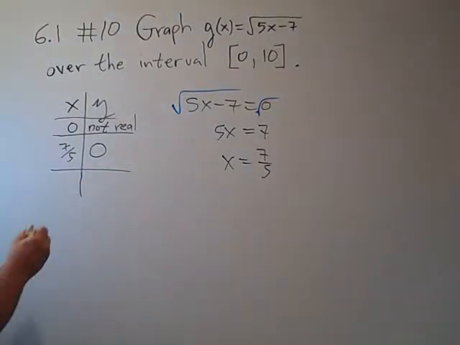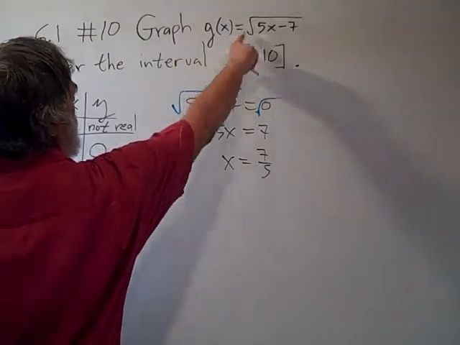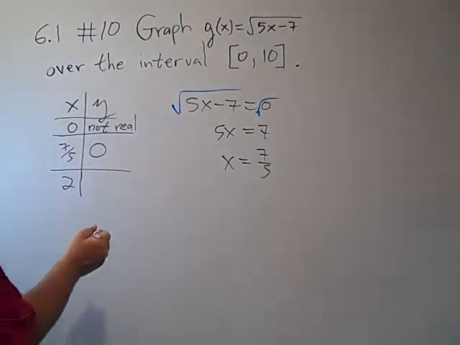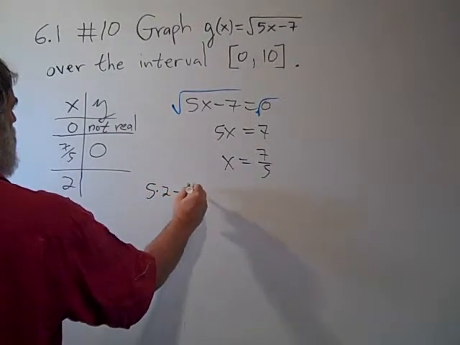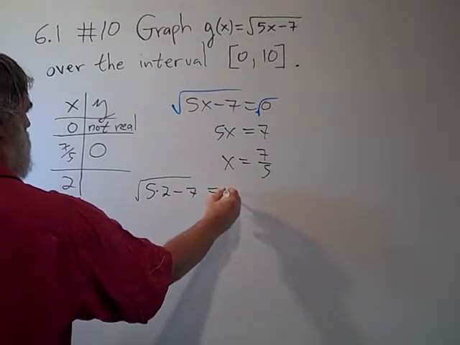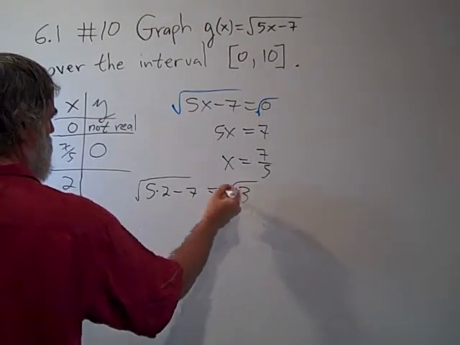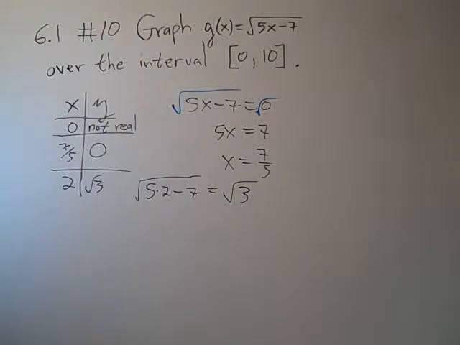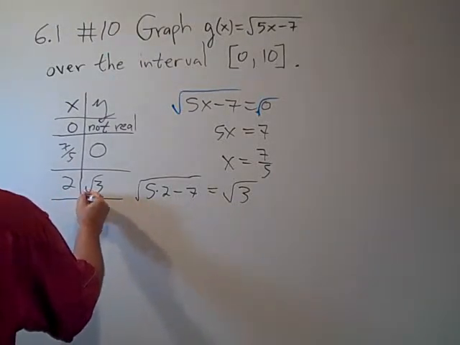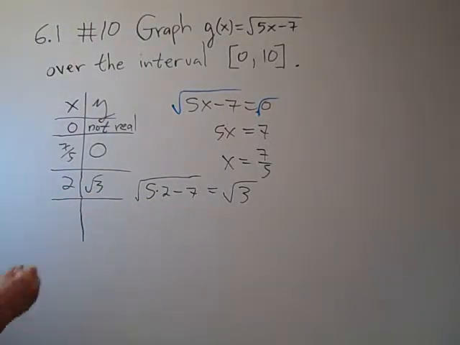So next, let's find x equals 2. At 2, g of x is 5 times 2, which is 10. So that's the square root of 10 minus 7, which is the square root of 3. Let's jump up to 5.